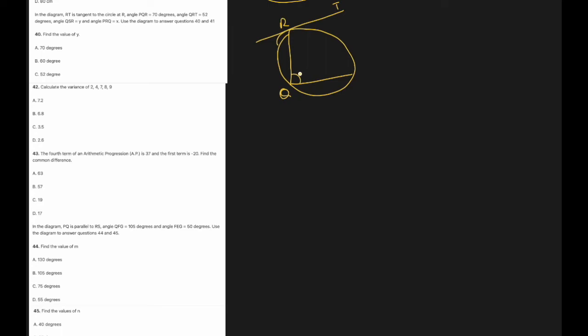I'm just assuming this, and QRT is 52 degrees. So T is this way, not this way. Okay. Angle QSR. There was no S earlier, so I'll have to skip this also. Sorry.